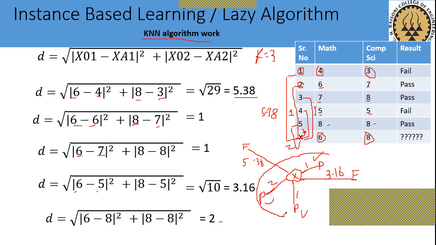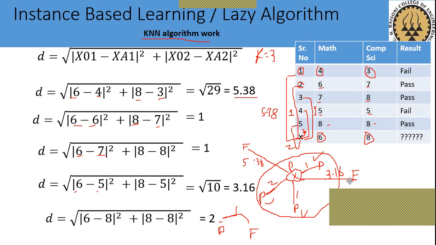So all these 3 are my neighbors. There are 2 classes, pass and fail. They come under the class pass. So obviously my x is also pass. So here I am declaring that the value of x is equal to pass.